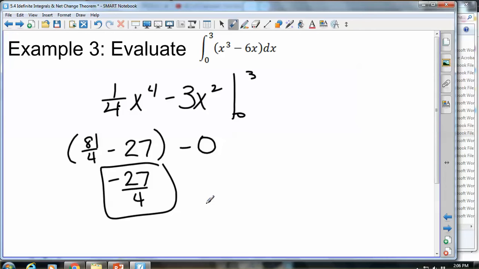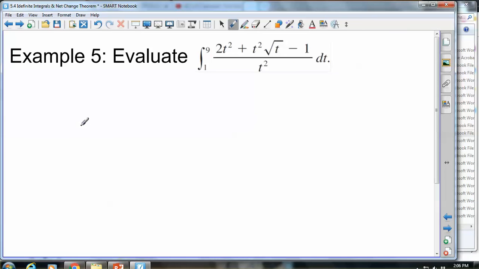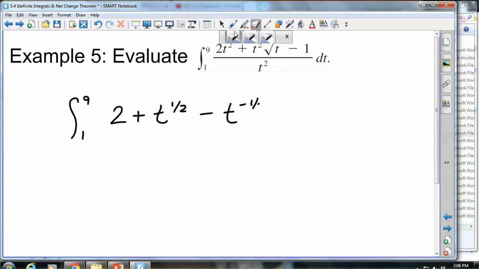Okay, next one, I had you skip to example 5 for a second. So what did you have to do first on this? I split it up and reduced the t's, so it's no longer a quotient.